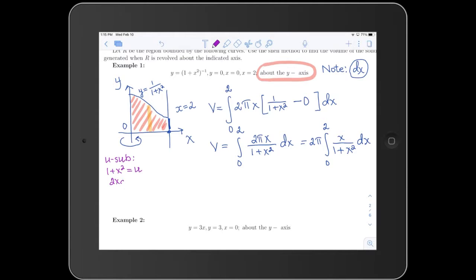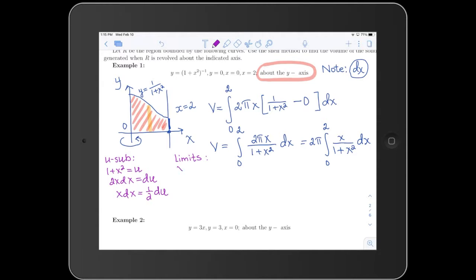Then we get 2x dx, that's your du, which means x dx is 1/2 du, right? You can find the antiderivative and then go back to your original limits if you wish. I prefer to take care of the limits right away. So with my u substitution, what are my limits?